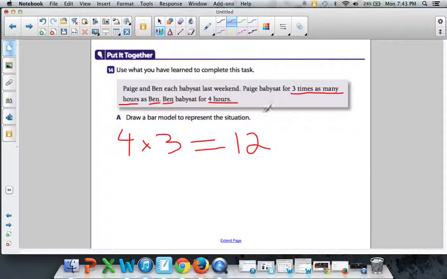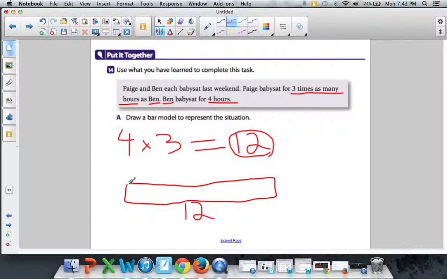It would have the total on bottom, and then you would go ahead and draw the actual bar shape, and you would want to split it into however many times it told you to. So it said 3 times. So I draw a little line there, and a little line there, and check it out.